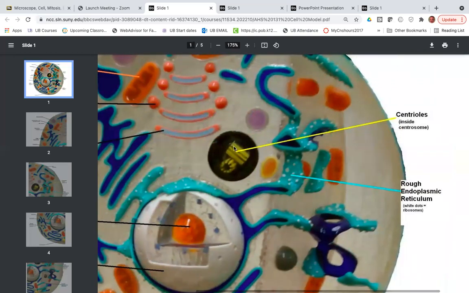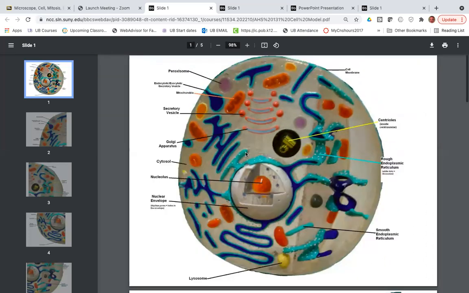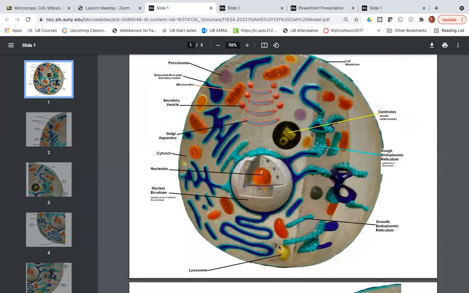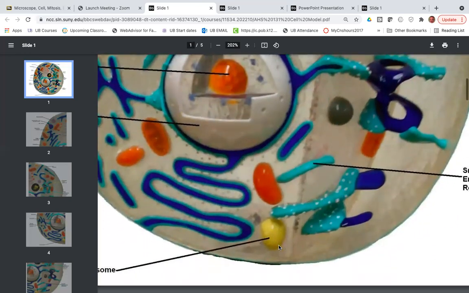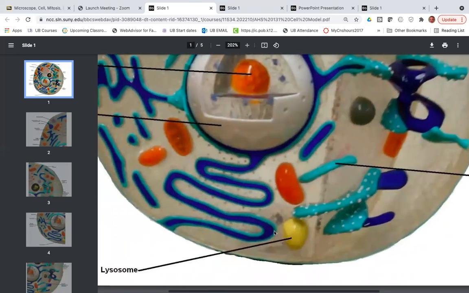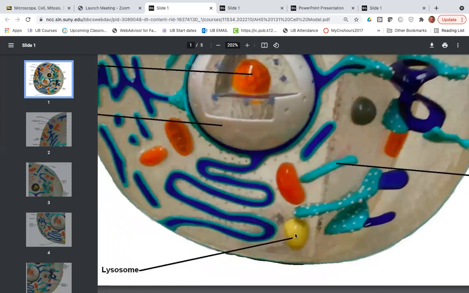Here, the black structure going around is the centrosome with the yellow microtubules. That's called the centrioles. The black sphere is the centrosome. Down at the bottom at 6 o'clock, that's the lysosome that contains the digestive enzymes.